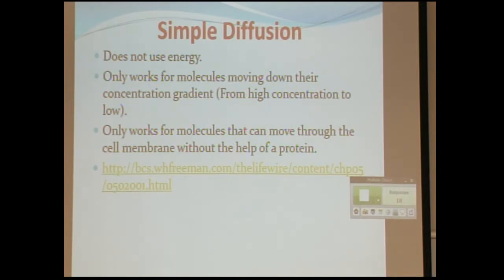So simple diffusion: no energy, only works if you're going from high to low. And most importantly, that only works for molecules that can go straight through the cell membrane. So those are small nonpolar things, small polar things, like the gases, the water, steroids that we mentioned earlier.